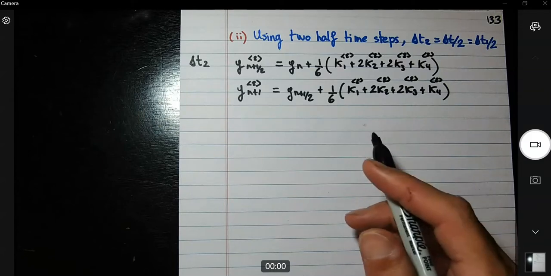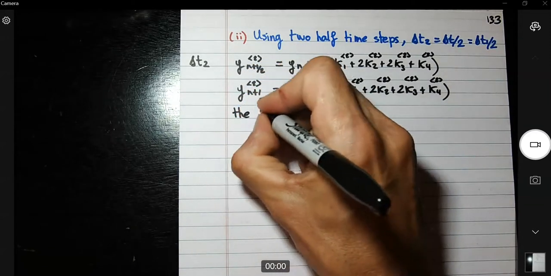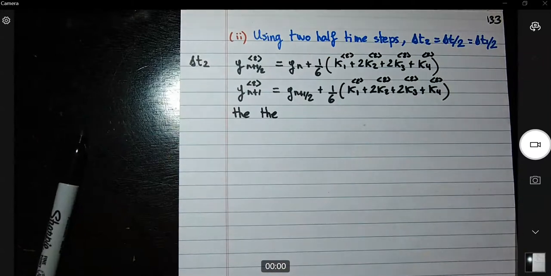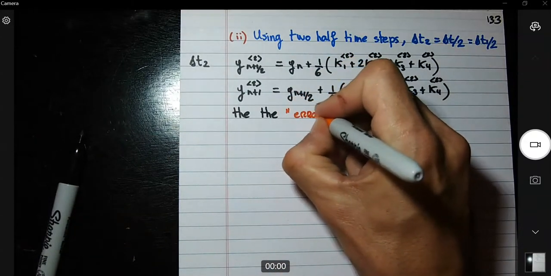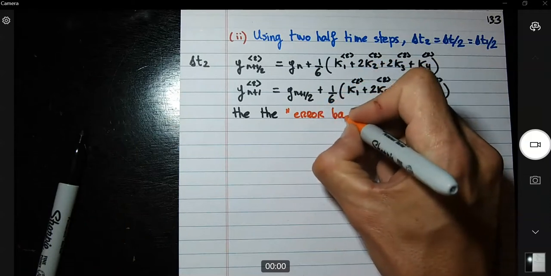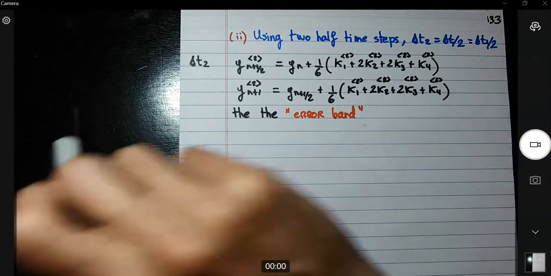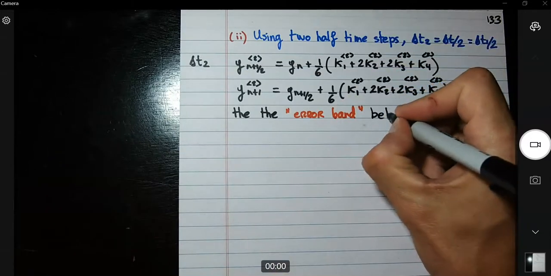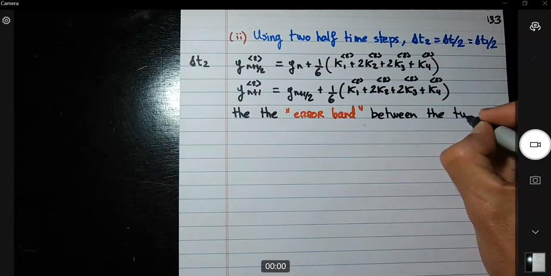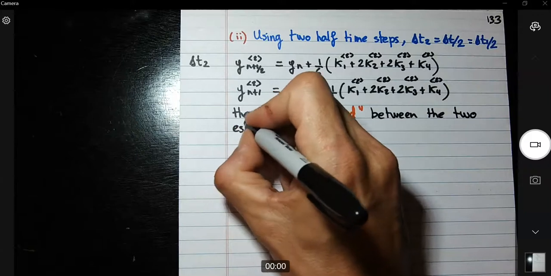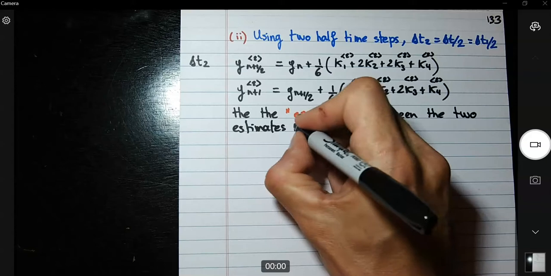So now that we know this, we can estimate what would be the error. So then the error, just the error between the two estimates is what?